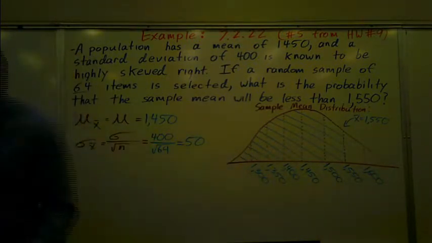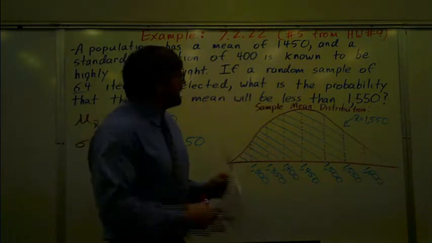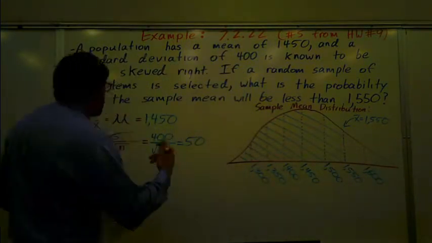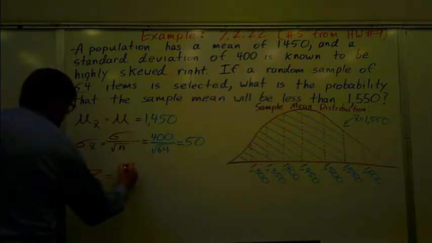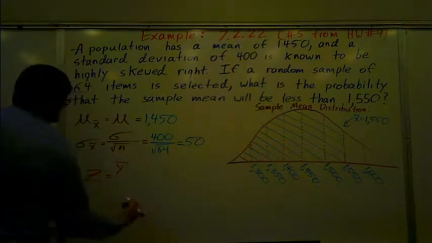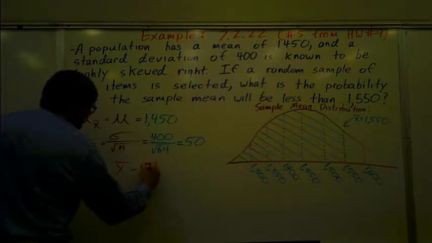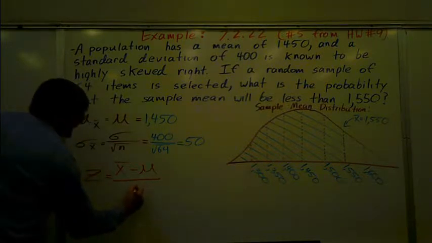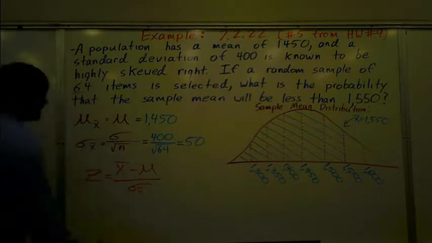So let's go ahead and figure out what our z-value is that relates to this x value of 1,550. Now, your z-value is just going to be the sample mean of interest, subtract out the population mean, divided by the standard deviation of the sample mean.